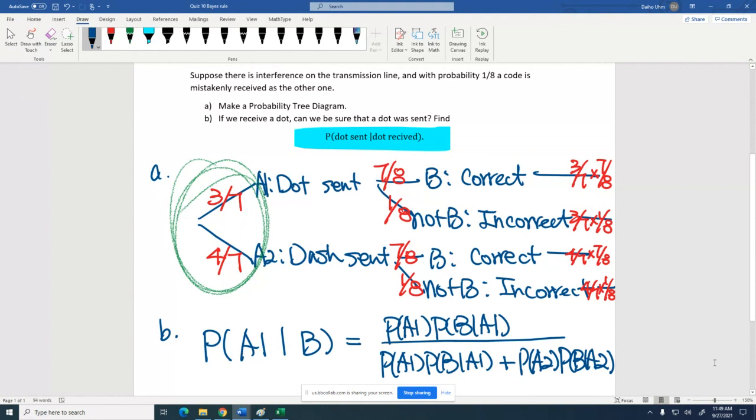Then you can plug it in one by one, case by case, right? And take the multiplication, summation, fraction.